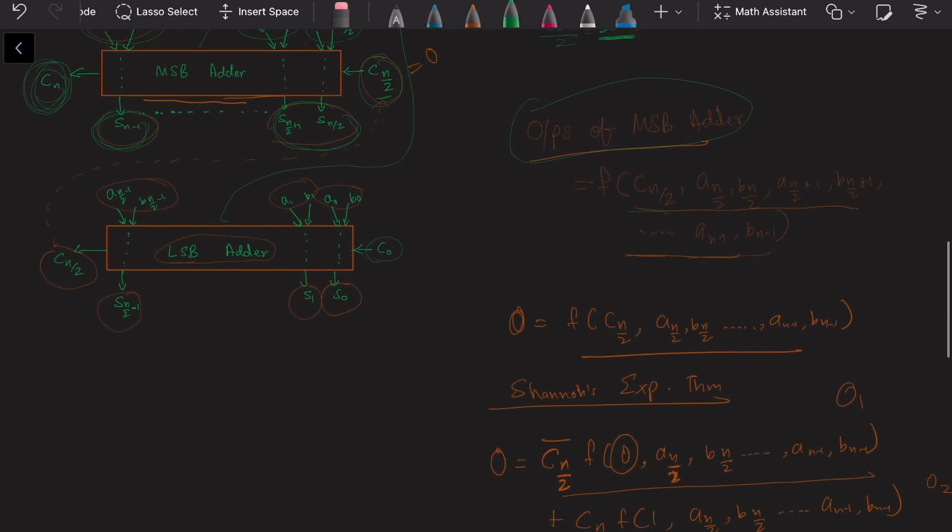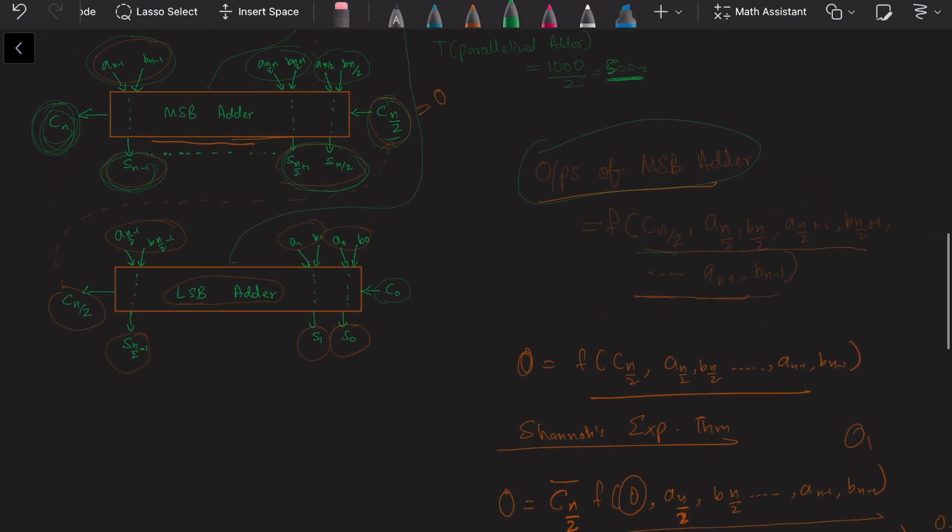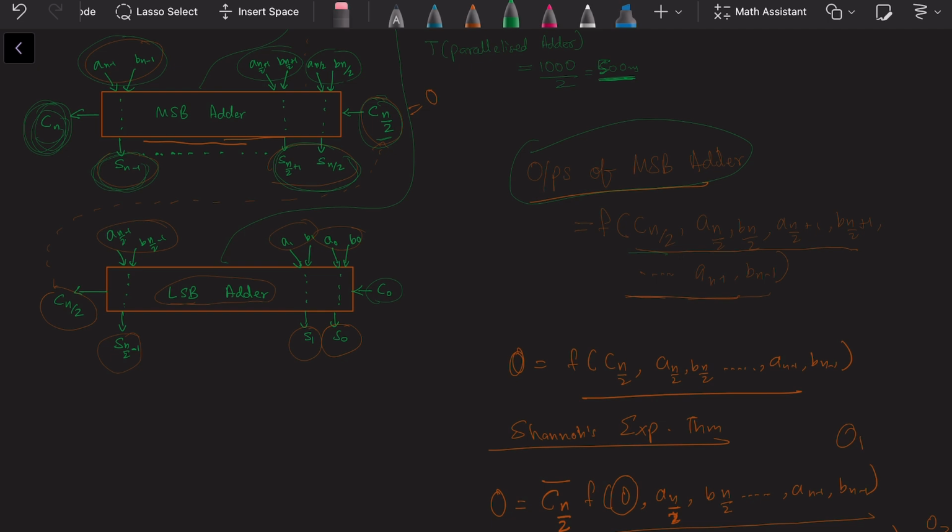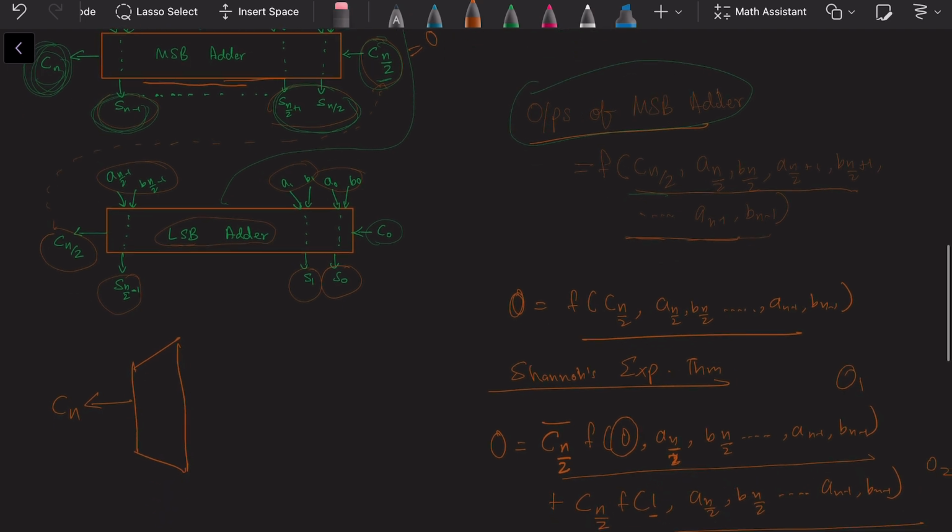So what we are saying here is that we can compute Cn as a muxed version of two MSB adders running in parallel.